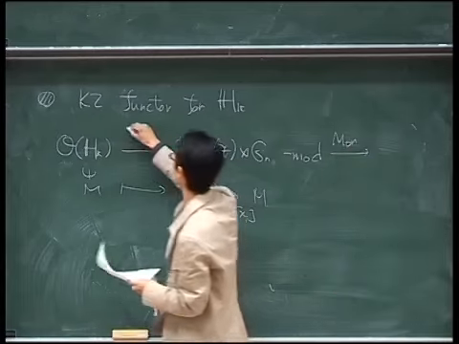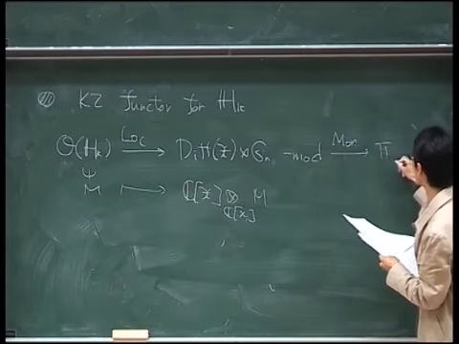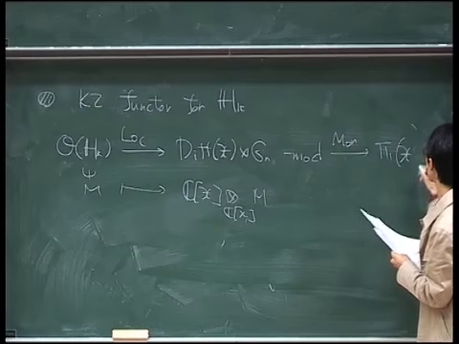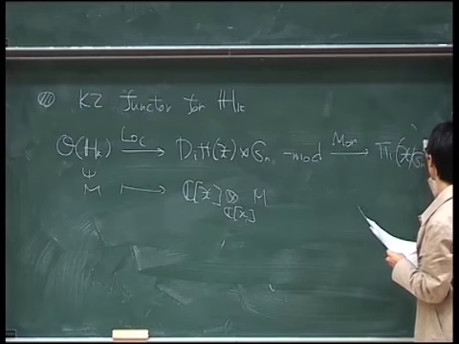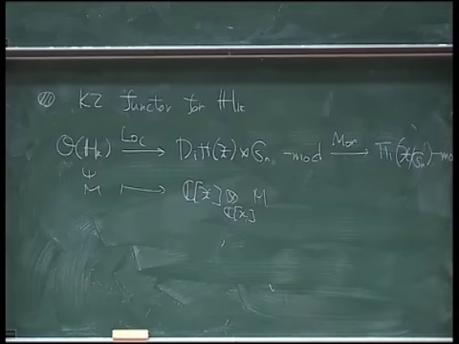So localization and monodromy, and so again you obtain a module of a braid group.